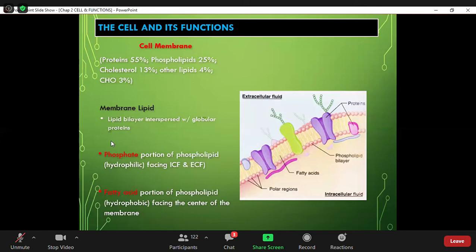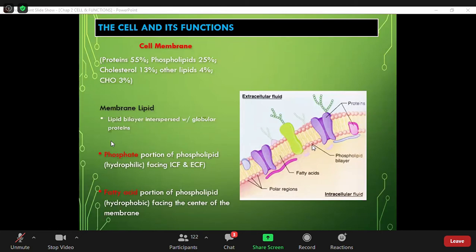The phosphate portion of the phospholipid is hydrophilic. What do you mean by philic? Hydro doesn't allow water. Hindi mahilig sa water.